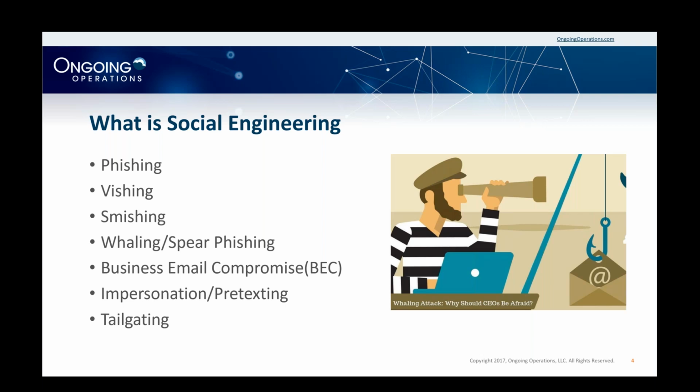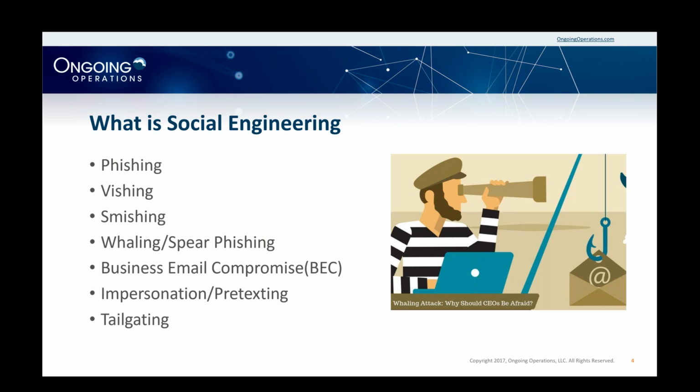Some of the terms that are out there these days are vishing, which is voice phishing, or phishing via phone, attackers calling up and trying to trick our end users into divulging confidential information or information that they wouldn't normally be able to get. Smishing, which is SMS, or text phishing, where they're impersonating your CEO and asking you to send gift cards or take pictures of gift cards.